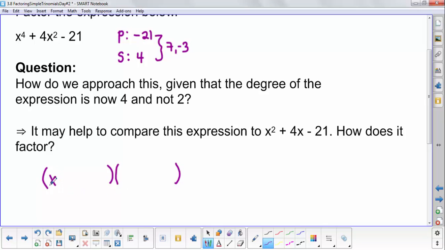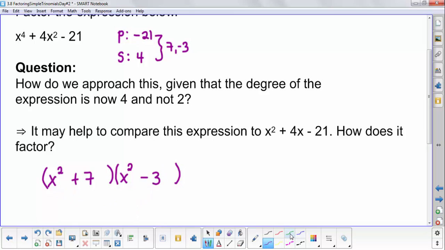But having just an x and an x here, let's say we were to distribute that, x times x is only going to give us x squared. So we need to fix that because we need to end up with an x to the power 4. And that's easily fixed if you just make these x squareds instead. Okay, but we are still going to put the plus 7 like we normally would and the minus 3.